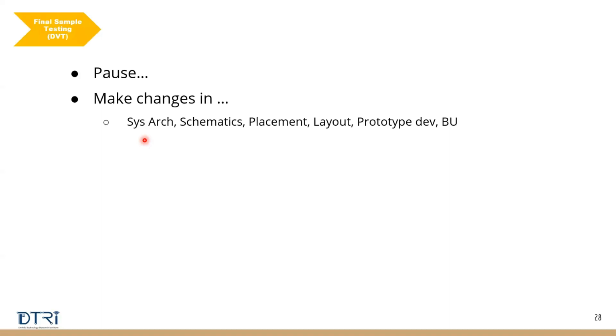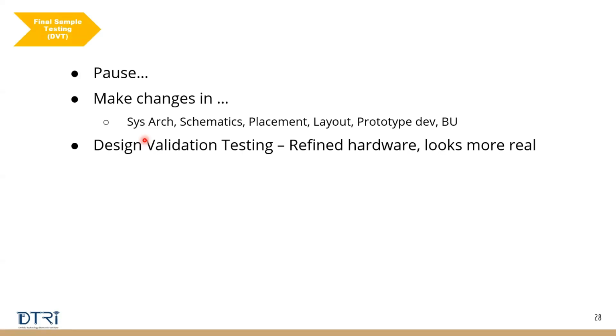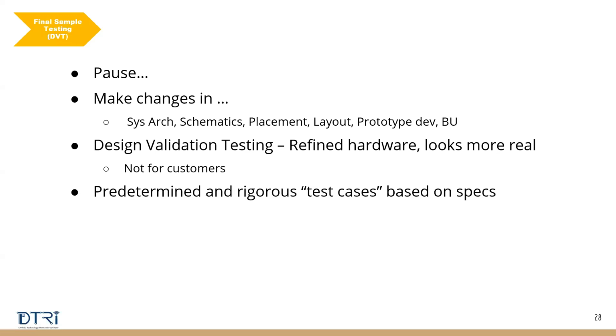So we have to look at it in detail, and then we refine the hardware and build one more version of the hardware. This has to be a refined hardware. Again, this is not for customers, and you take this hardware and run the predetermined tests.